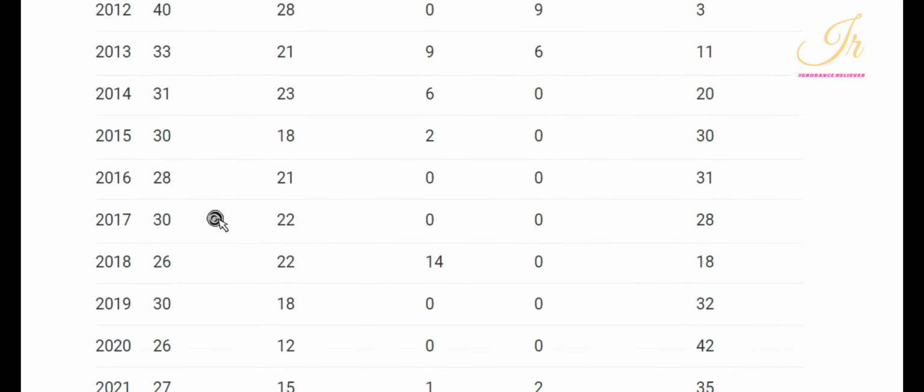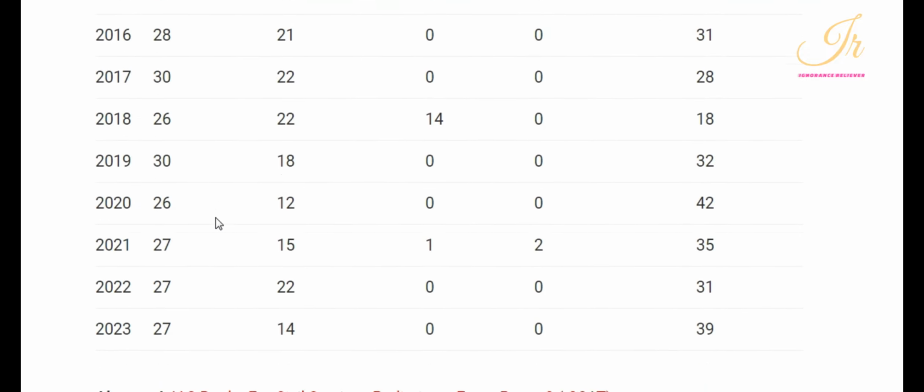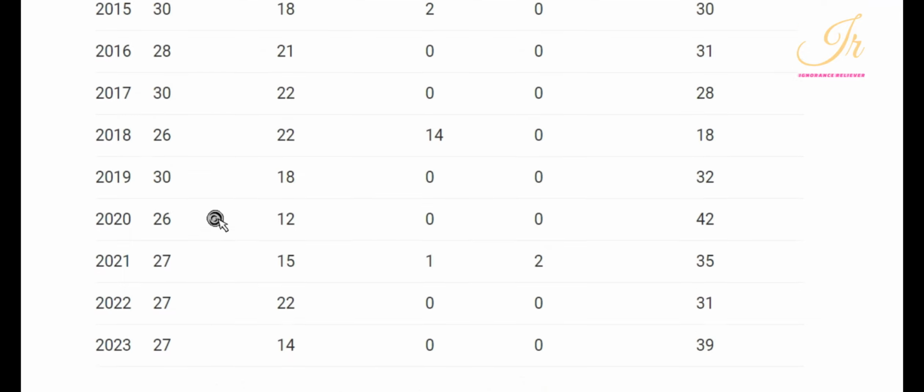So when you compare the last 3 years' trend, it is more clear that the number of questions asked in English comprehension has been static, right? It is 27, 27, 27. And in logical reasoning and critical reasoning, it is around 15, 22, 14.